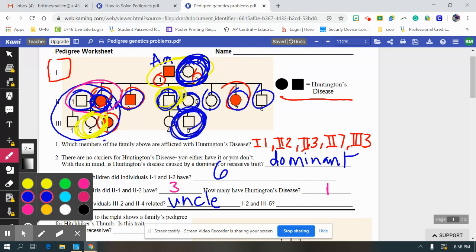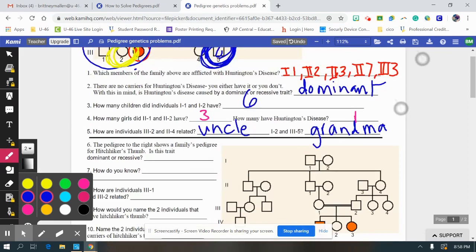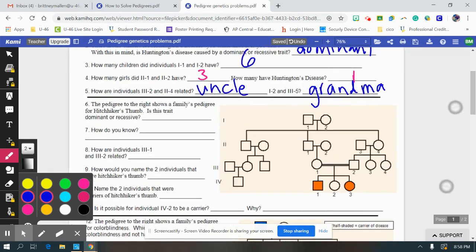So again, if we're this kid right here, and we think about his parentage, these are his parents. His mom has a mom, so that means that's his grandma. Hopefully that makes sense.